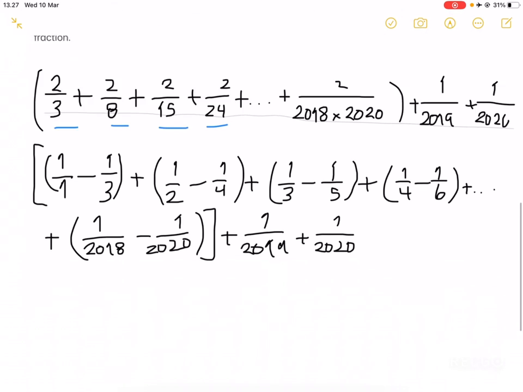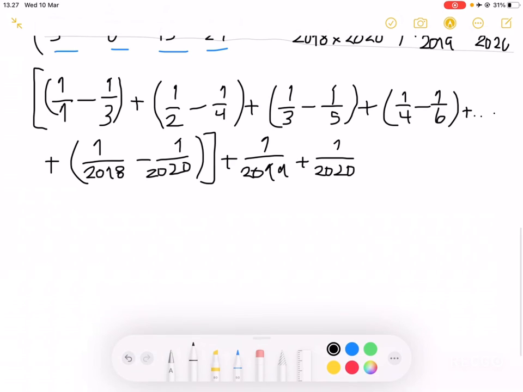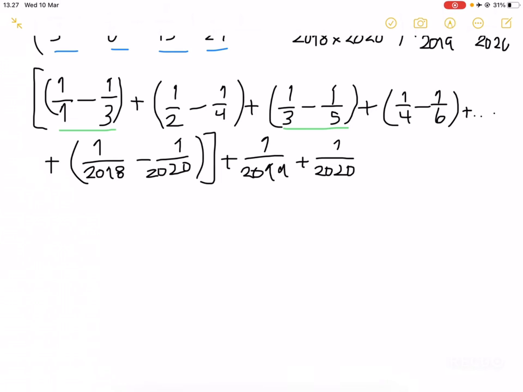Alright, so let's see. We can perhaps group these into a single bracket, since we know addition is associative.